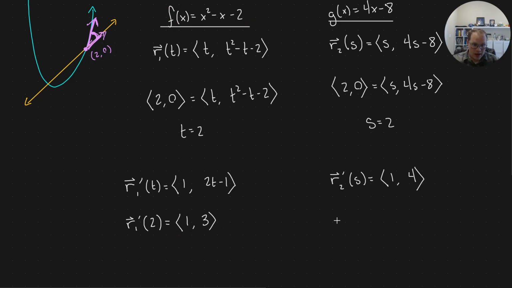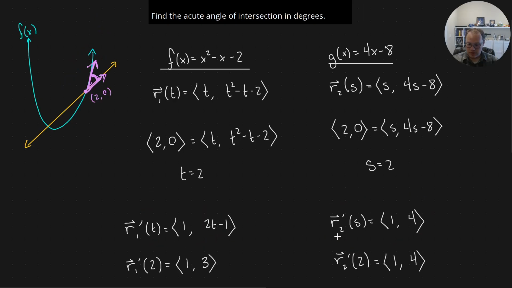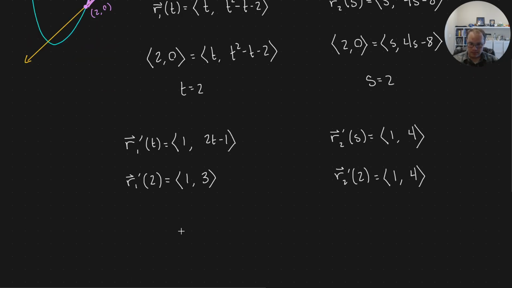And if I plug in 2 here, there's really not a whole lot to do in this case because the vector is just constant. It just stays 1, 4. These are our two tangent vectors. Now let's find the angle between them.